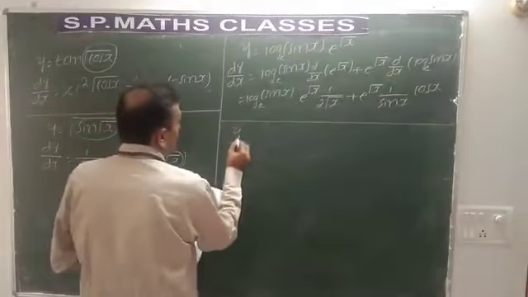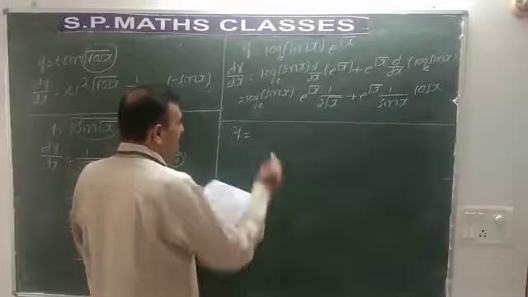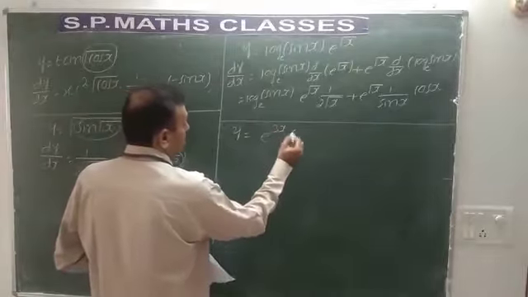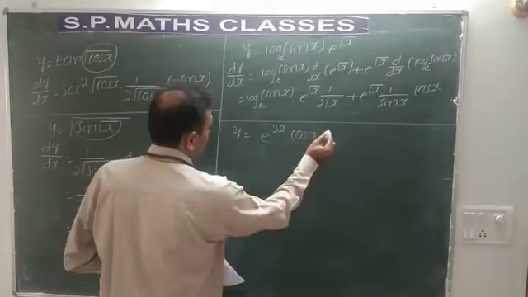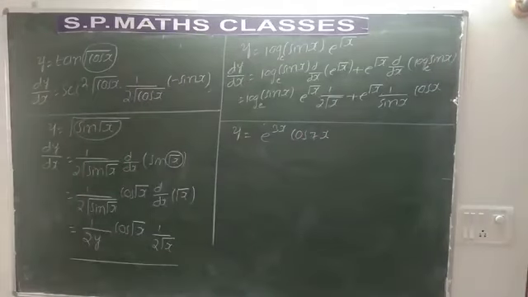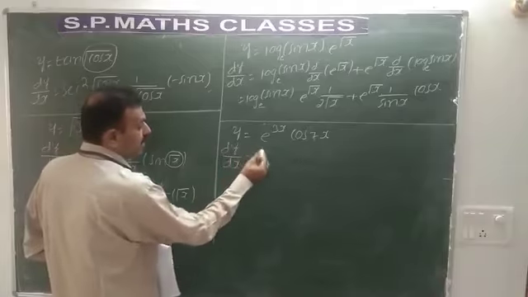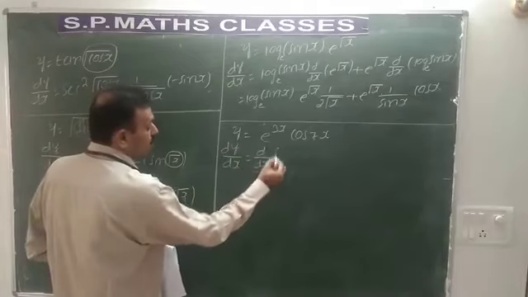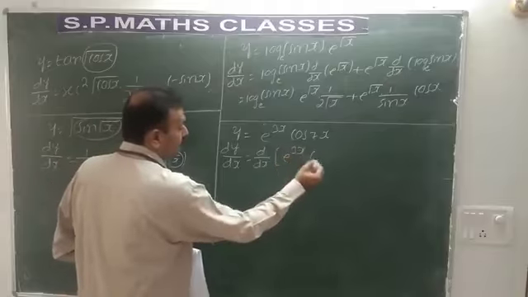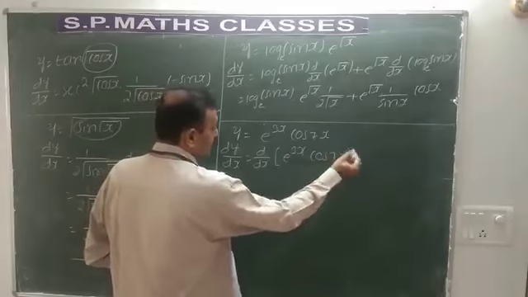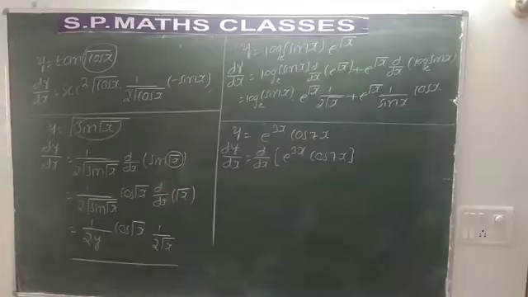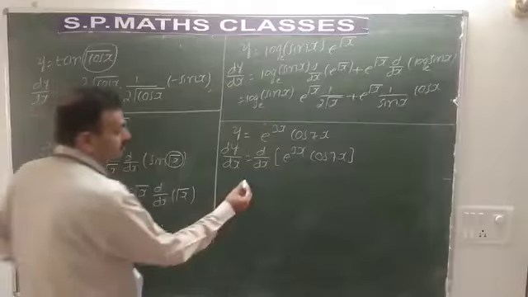Similarly, we have the 20th problem here, e power 3x into cos 7x. This is what the problem is. Think you can solve this problem? It's easy and direct. What is dy by dx here? d by dx of e power 3x into cos 7x. Probably you can solve the problem along with me. You need to do it fast. Very simple.